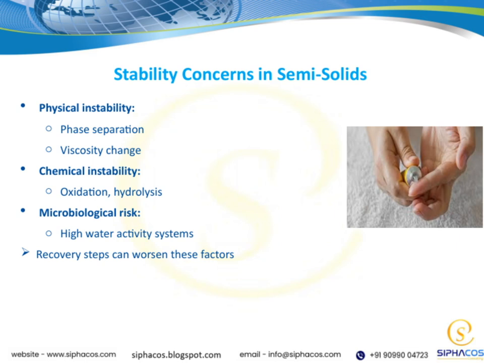These environments can support microbial growth, leading to contamination and spoilage. It's important to note that recovery steps, like reprocessing or remanufacturing, can sometimes make these stability issues worse if not carefully managed. So, understanding these factors is crucial for maintaining product integrity throughout its shelf life and ensuring safety and efficacy for the end user.